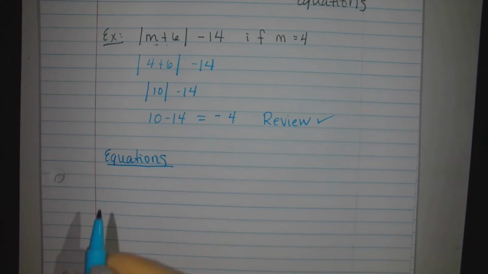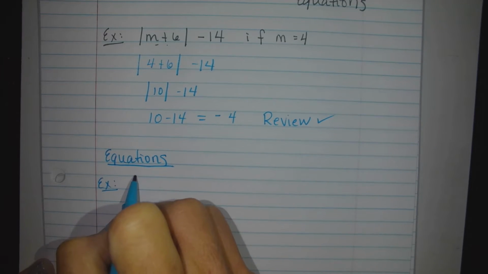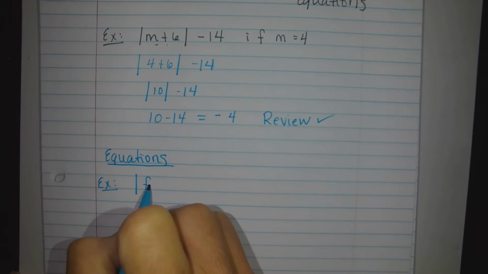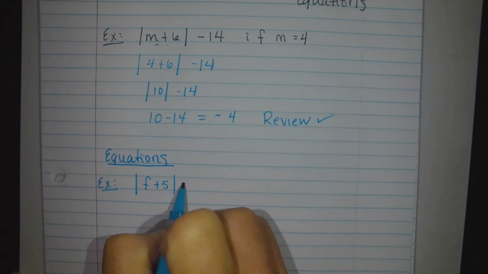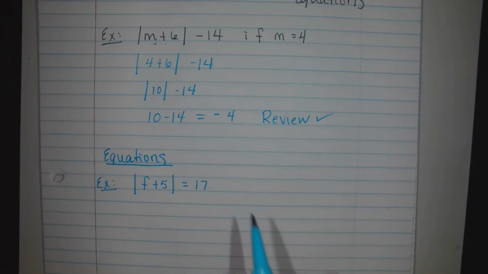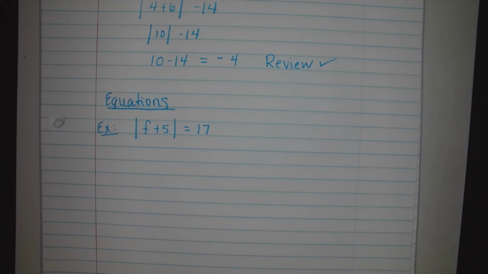Let's just write this down. Absolute value of f plus 5 equals 17, there's an equal sign. All right, I'll let you write that down.